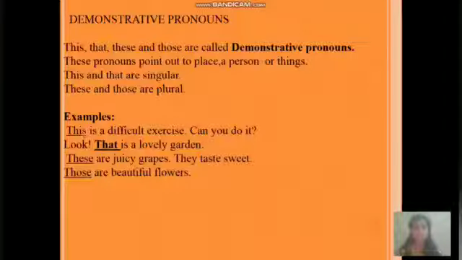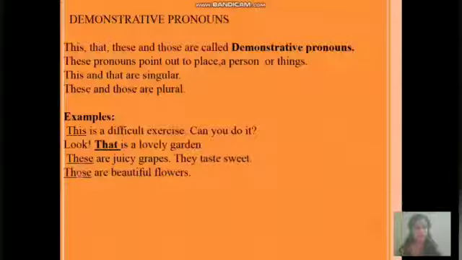Similarly, here we have replaced the noun with the pronoun this. So the pronoun is functioning as a noun over here. So it should also follow the same rules that the noun follows. So here this is accompanied with a singular verb is. Again, that is accompanied with a singular verb is.